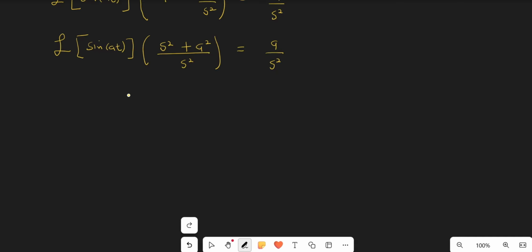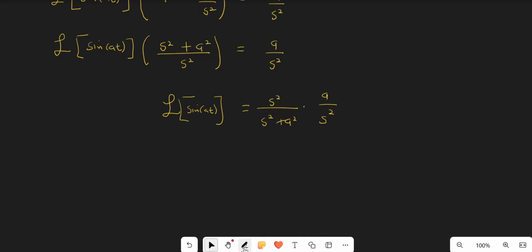So when we do that, we will have the Laplace transform of the sine of at equal to, multiplying by the reciprocal on both sides, s squared all over s squared plus a squared, multiplied by a over s squared.